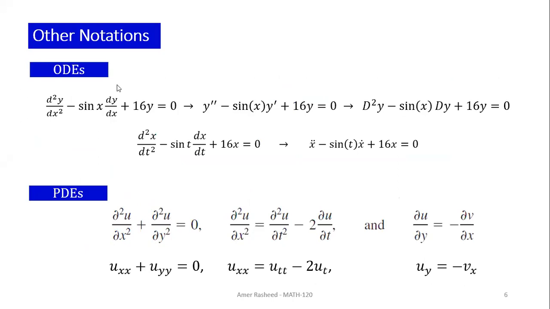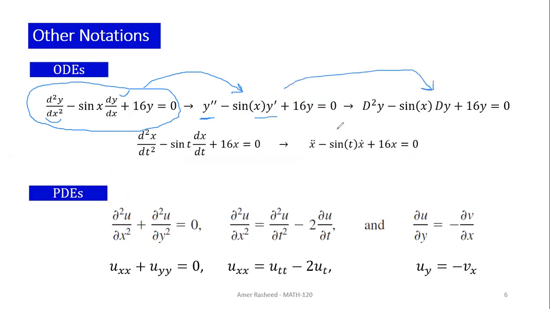You can see here on slide number 6 that this differential equation, d square y by dx square minus sin x dy by dx plus 16y, can also be written as y double dash minus sin x y dash plus 16y. We can also write it using D square, where D square stands for d square by dx square, the second derivative.